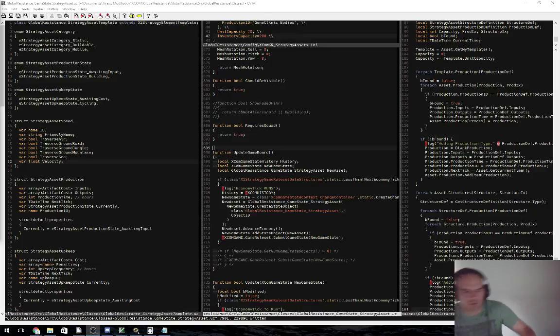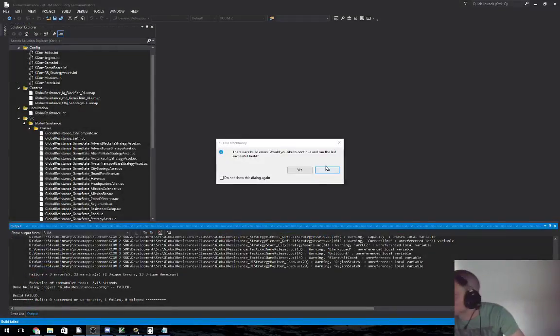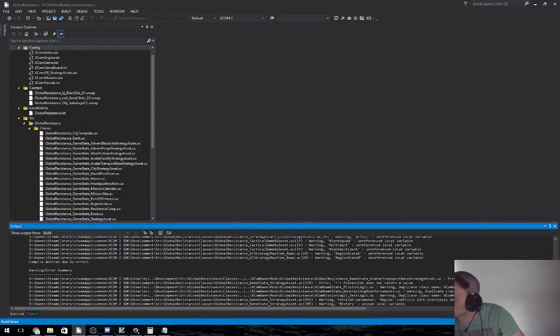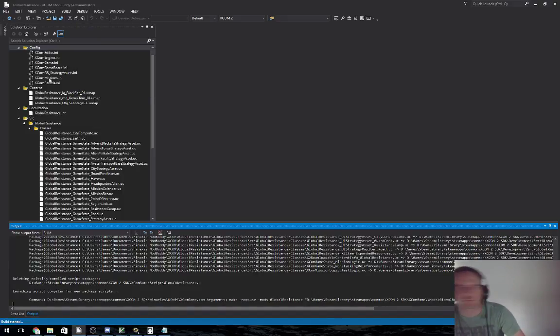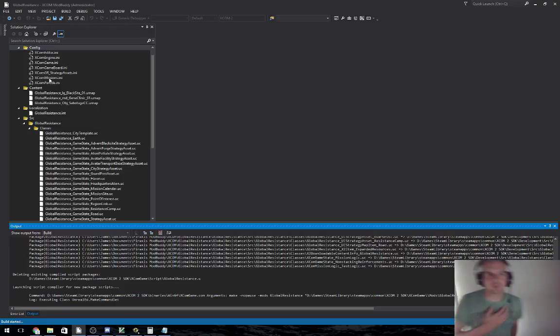Failed, errors. No, I would not. I'd like to fix them. Expression does not return a value, 179. Yes. So that does not have a return value, it's just a mutation. What else have you got for me?